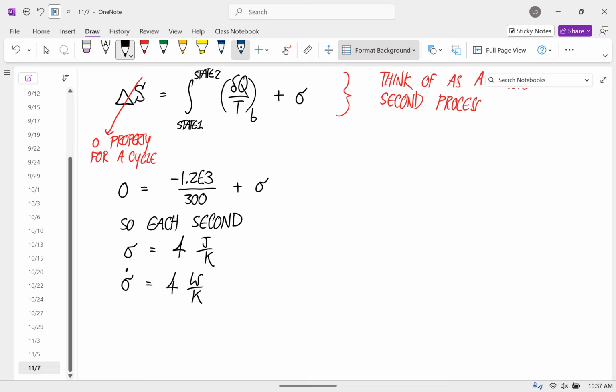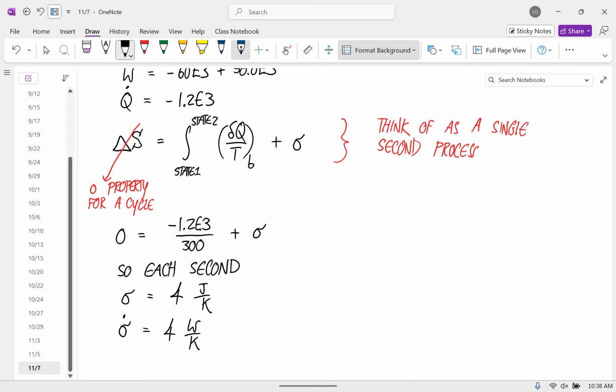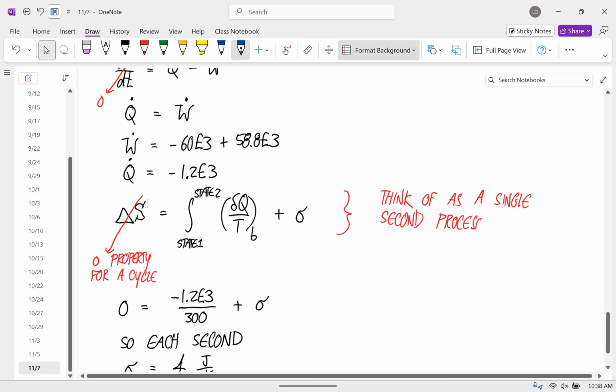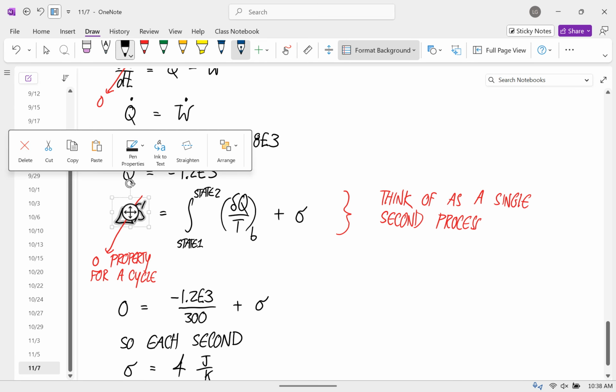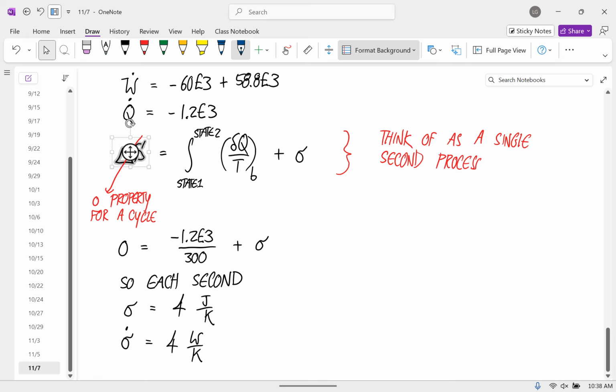Do you just ignore the integral because we weren't given state 1, state 2? Well, what I did was, in this case, think of state 1 and state 2 as instant 1 and instant 2. We know how much heat was transferred over that second, negative 1.2 times 10 to the third joules. And so this integral just becomes the total amount of heat.